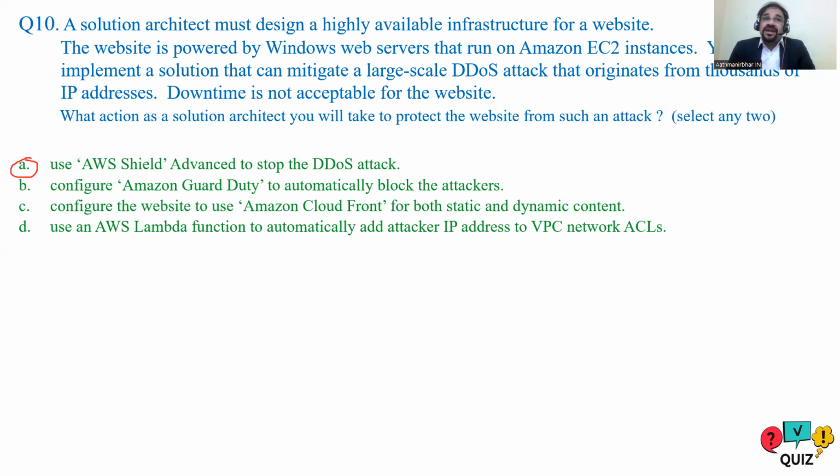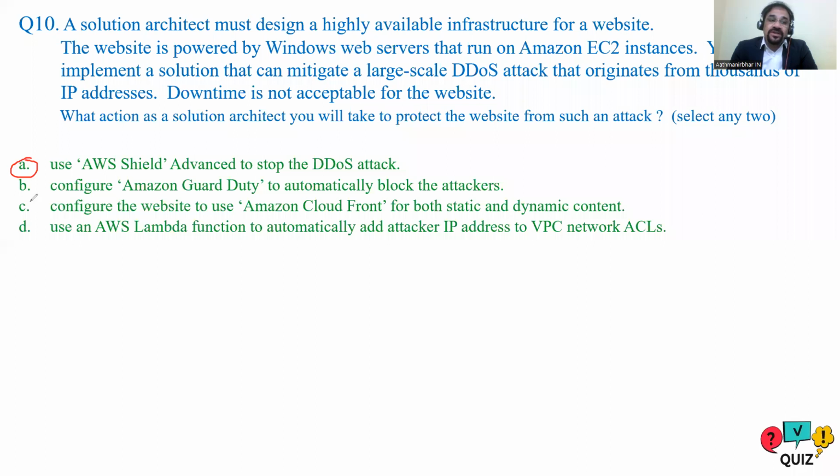Immediately CloudFront will move the remaining, genuine website requests to other locations so that the traffic is distributed. This will eliminate the downtime of a web server or website. So option C is also a correct choice.